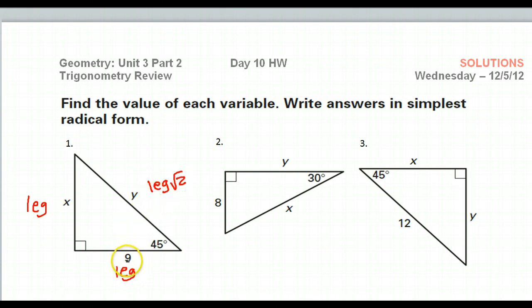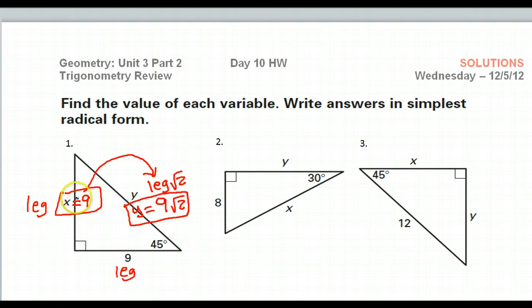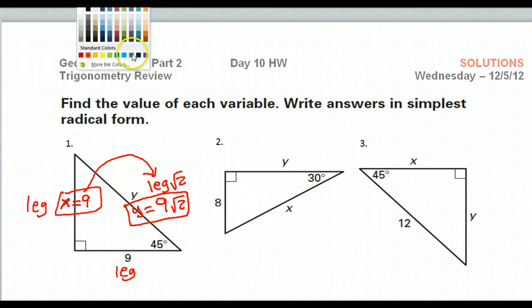So in this case we know that the leg is 9, so that means this other leg is also 9, which means that the hypotenuse is 9 radical 2. Okay, so there's that. Now, let me switch colors.